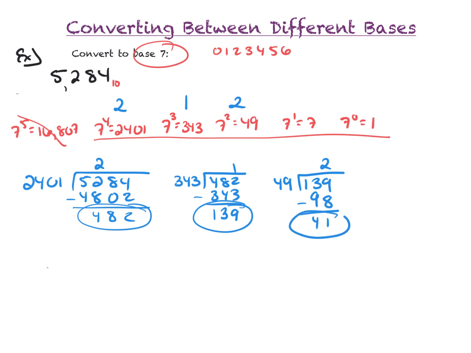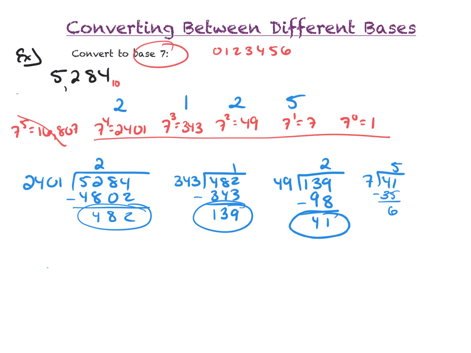And we'll use our remainder to see how many 7 to the 1s go into 41. Cool, almost done. So 7 goes into 41. This I can do much more quickly. 5 times 7 is 35, and when we subtract, we get 6. So we've got 5 7 to the 1s.